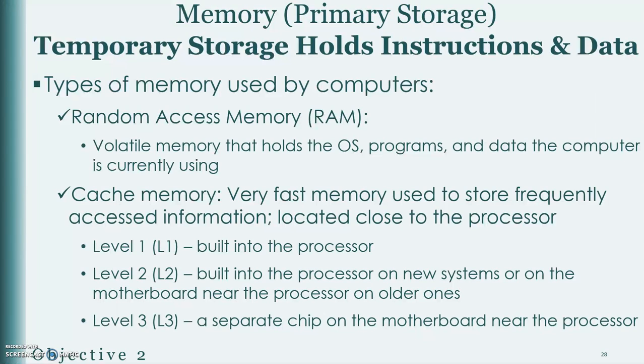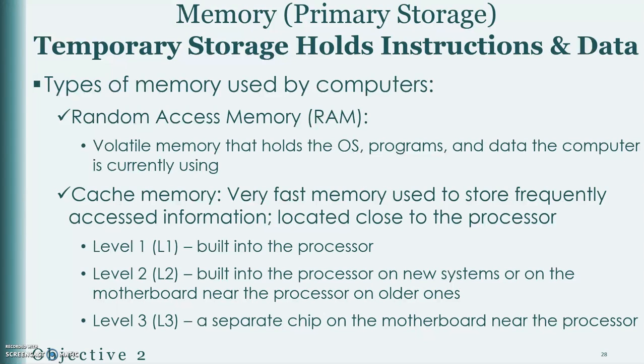RAM is volatile memory, and what we mean by volatile is that when you turn off your computer, anything that was stored in the RAM is wiped clean from there. It's not going to be still there when you turn on your computer later.